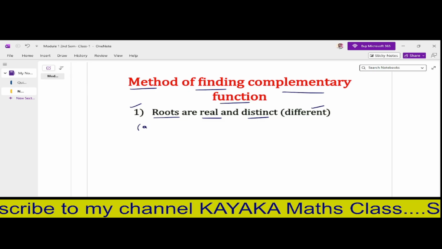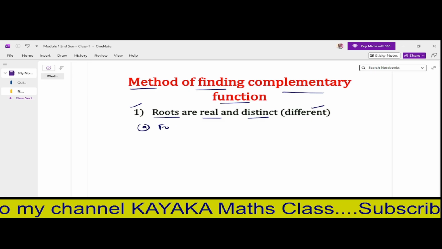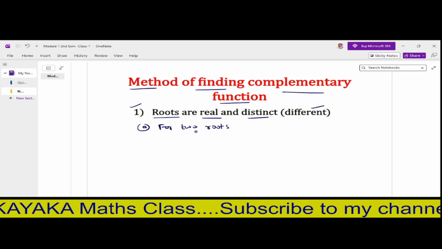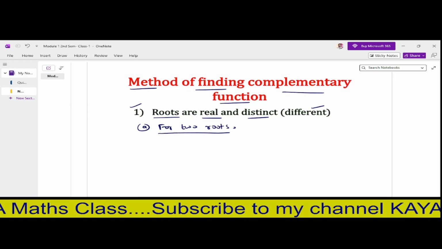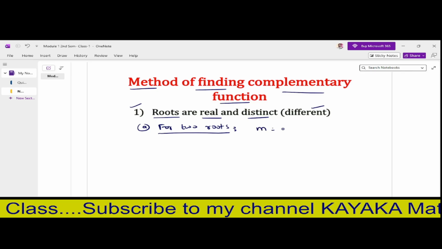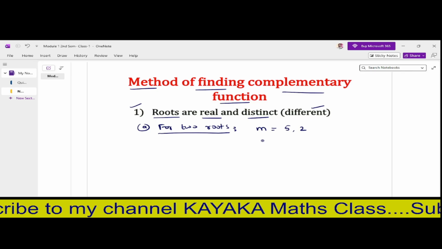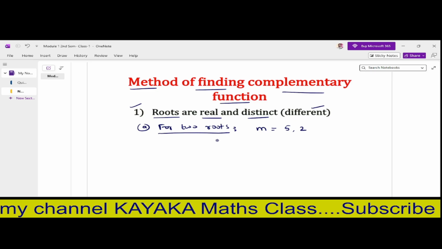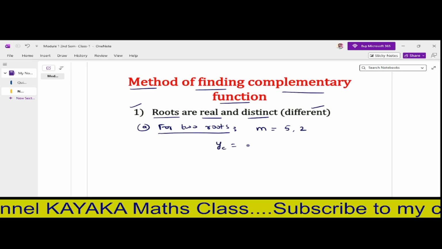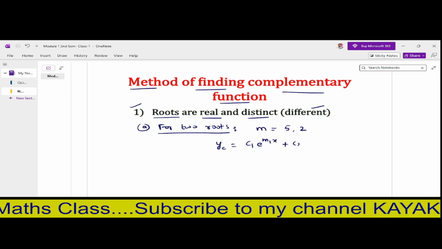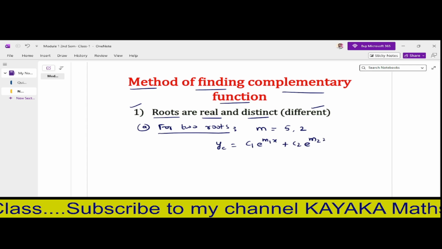So we have two cases here. First, for two roots. If your obtained roots are only two, for example, m equals 5, 2. 5 is different and 2 is different, so its yc will be given by the formula c1 e raised to m1x plus c2 e raised to m2x.